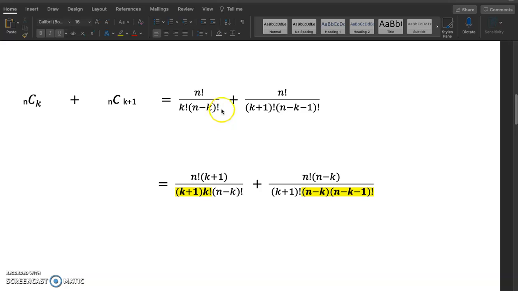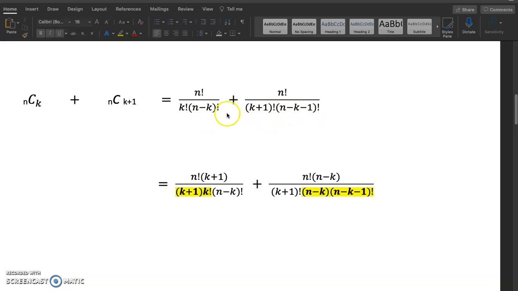Now, we need to find a common denominator to solve this addition because we have fractions here. So how do we find a common denominator? Well, what is it that we don't have here that we have in this part of the addition?